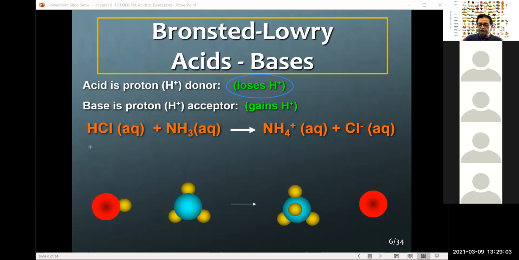For example, look at the example we have here. We have hydrochloric acid, HCl, and then we have NH3. This is a while back. We were doing the Lewis dot structure on this. This is ammonia, okay? And when we did the Lewis dot structure, you might recall, let me see if I can draw it here.